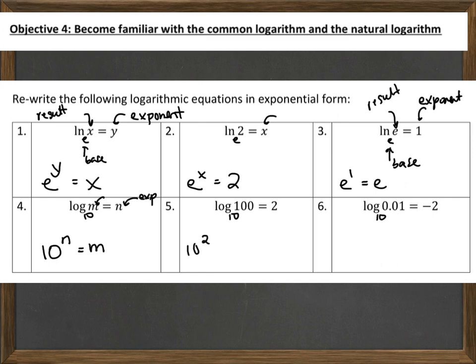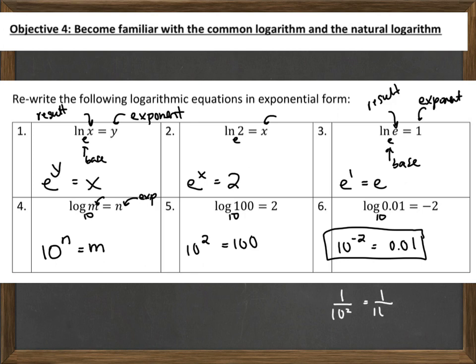We have 10 to the second power is equal to 100, which makes sense, 10 squared is 100. And then we have 10 to the negative second power is 0.01. And if you're confused by that, it's absolutely true, because remember, 10 to the negative second power is 1 over 10 squared. Well, what is 10 squared? 100. And 1 over 100 is 0.01. So it really is true.